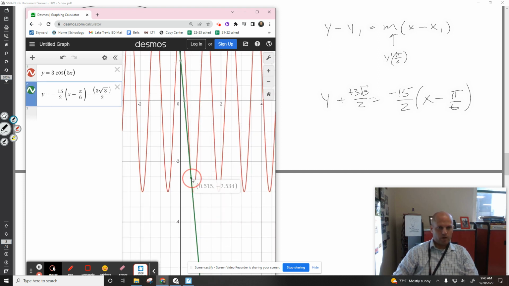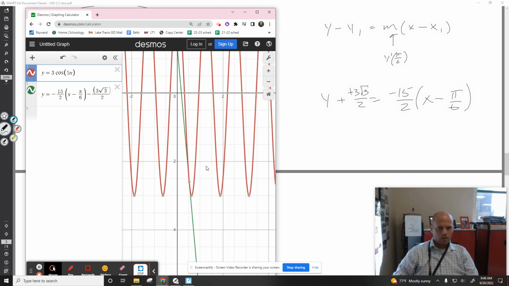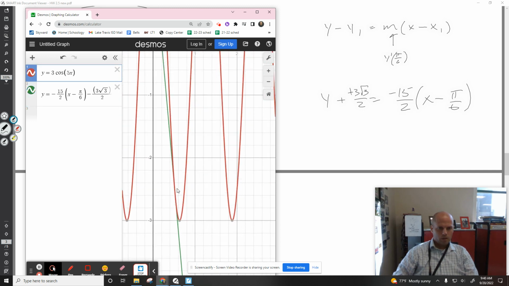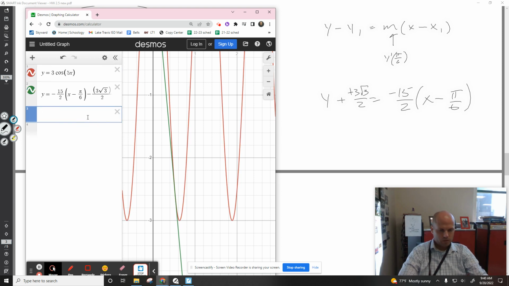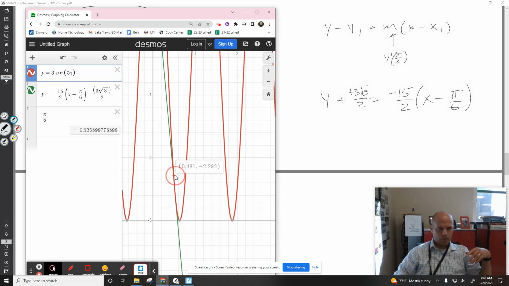At pi over 6, somewhere around here. It's pi over 6, about 0.5. So somewhere around 0.5, yeah, 0.52. Boom. Right around there, boom. That's where your line and your function meet. There's your tangent. Beautiful. Okay.